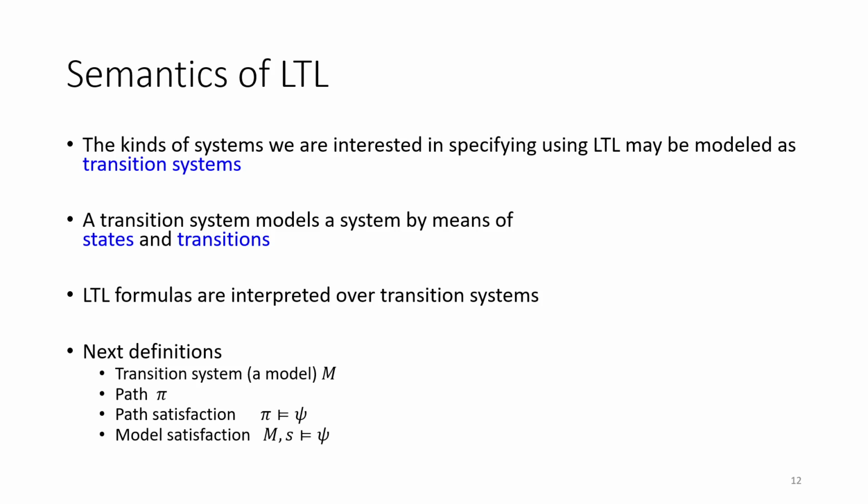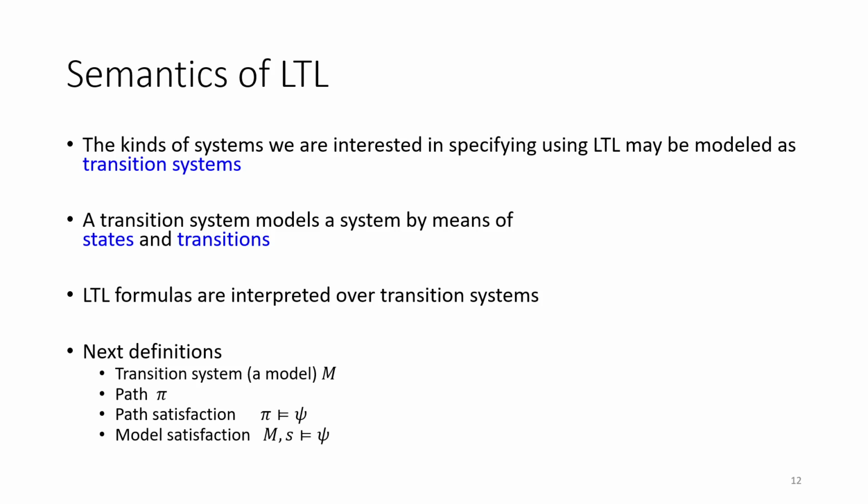So we have states and we have transitions between states, and the states, we will simply label them with our atomic propositions. So in each state, some variable is true or false, or all of them are either true or false. They have some value in each state.